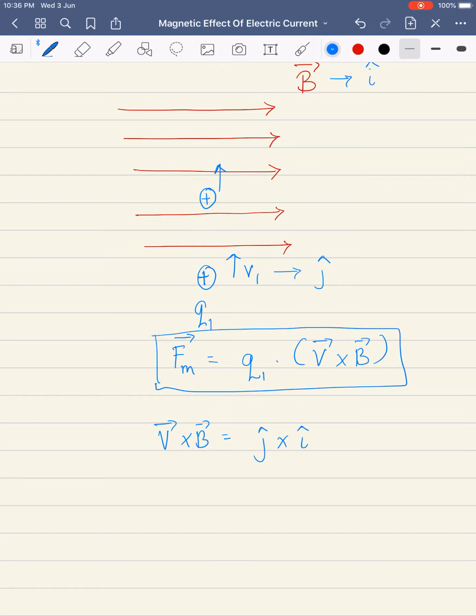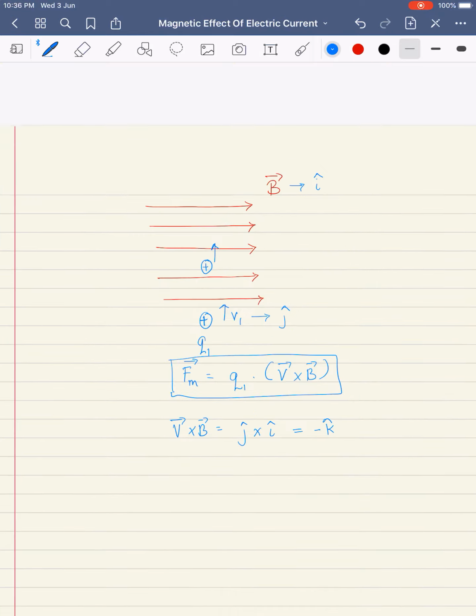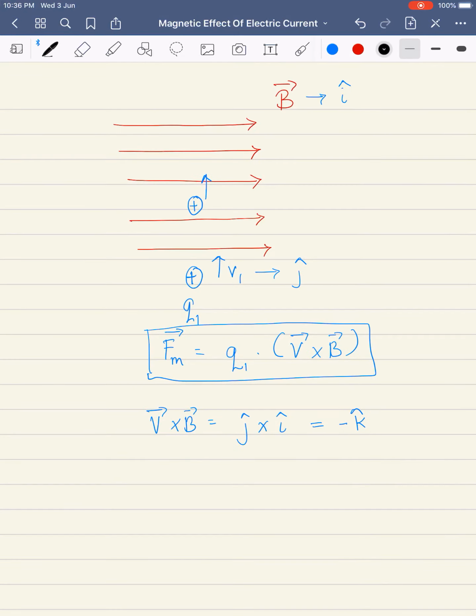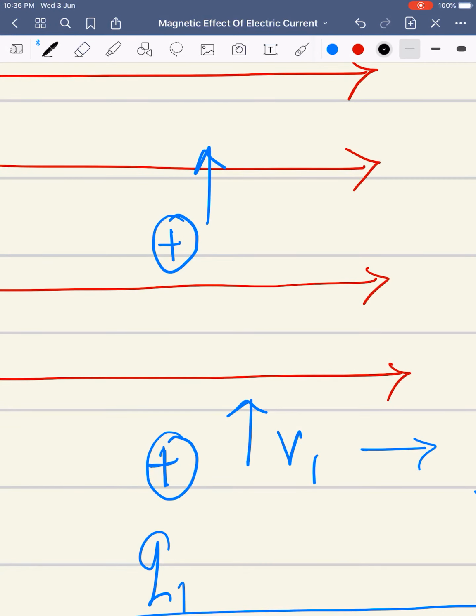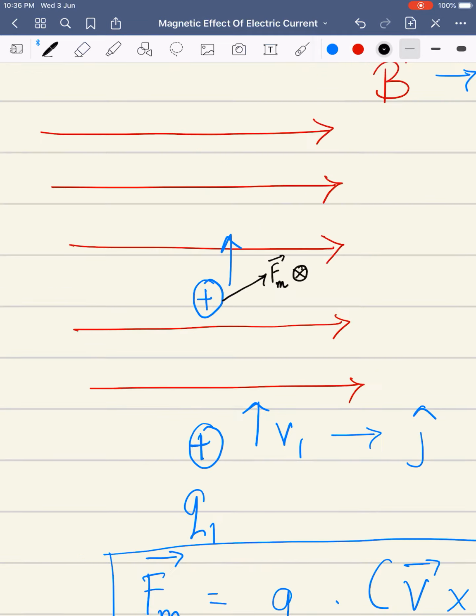So we know i cross j is k, so j cross i is minus k. This indicates that the magnetic force which is acting on this charge q1 will be directed normally into the plane of paper, so circle with a cross.